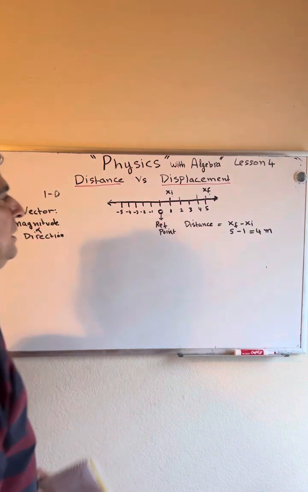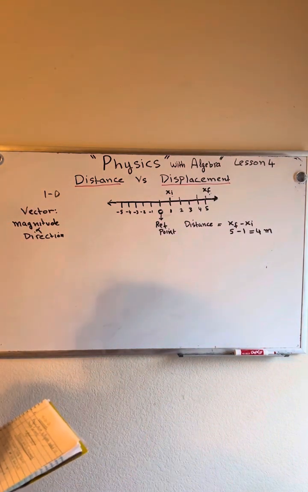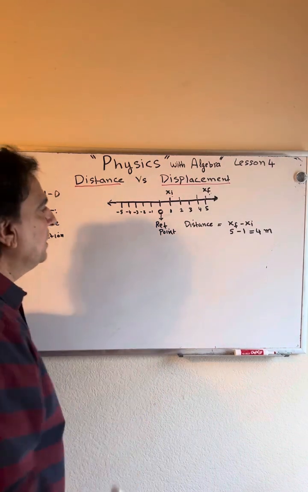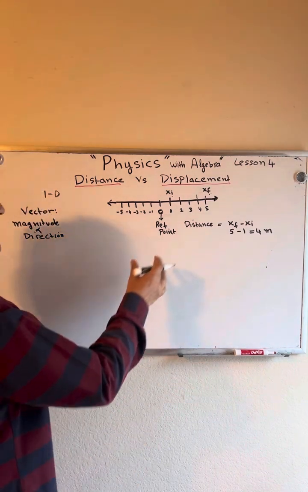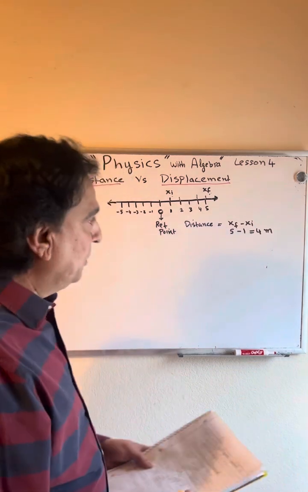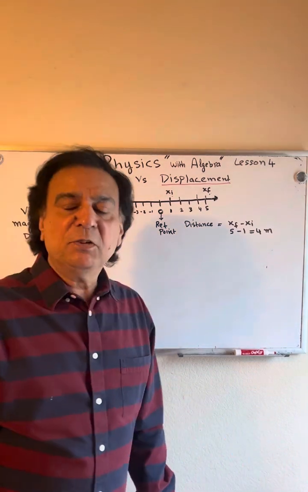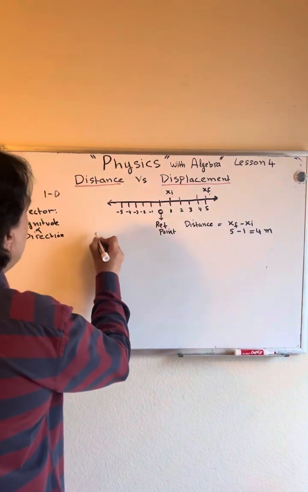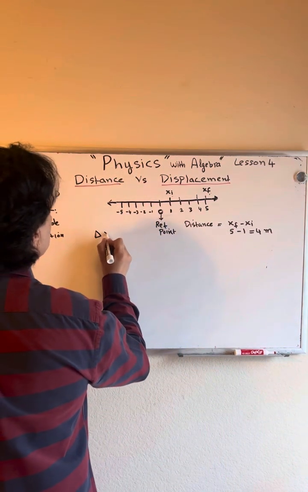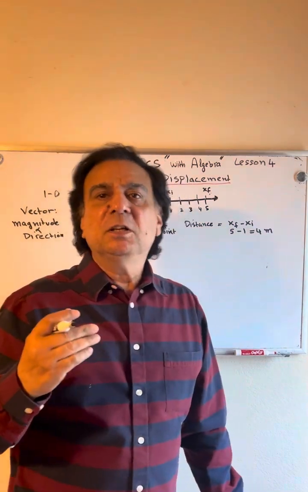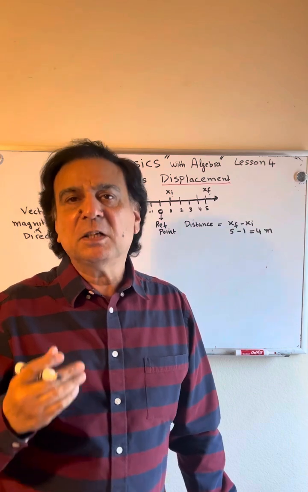All right. Now let me ask you this. How would you find the displacement? If I give you the same coordinates and I ask you to find the displacement. So what is displacement? Displacement is change. It's known as delta x, and delta is a Greek letter that means change when it comes to calculus and physics.